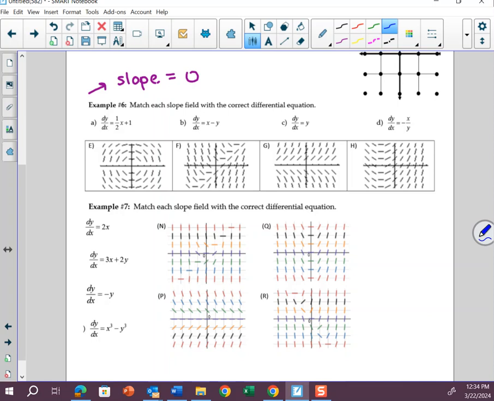It kind of just depends on what we're faced with in the problem. So, like if I look at graph E, I see all these horizontals there along the y-axis.